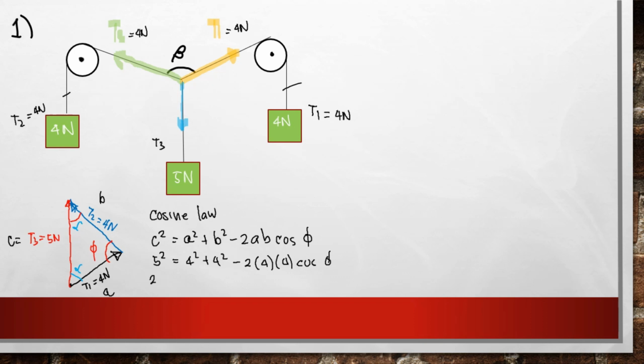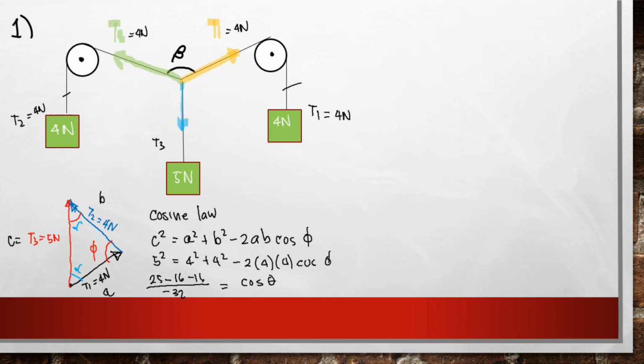Therefore, 25 minus 32, 16 minus 16. Ganyan po mangyayari. All over 16 times 2, negative 32, and that will be equal to cosine of phi.